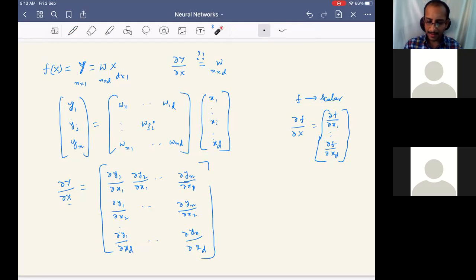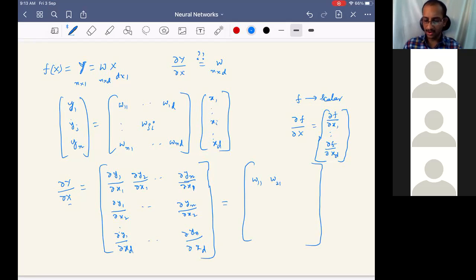Now what is the dimension of this? You can calculate also explicitly if you want to write. So what are the elements? W11 anyway. And dou y2 by dou x1, what is this? W21. Very good. And then what is the final dou y1 by dou x1? It is W11. And dou yn by dou x1 is WN1, right.